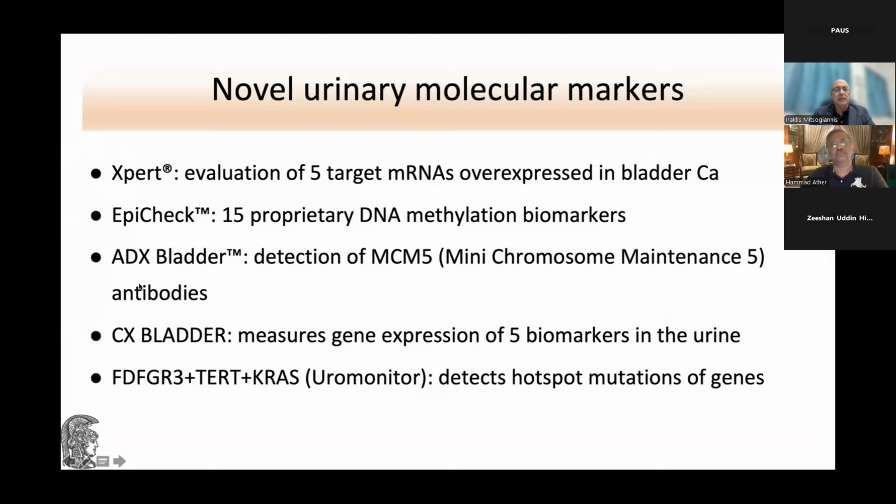We can see here some of these markers that really try to target some of the mRNAs that are expressed in blood, or DNA methylation biomarkers, and so on and so forth.